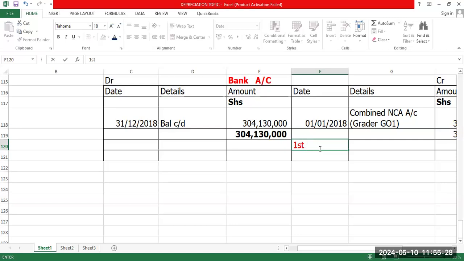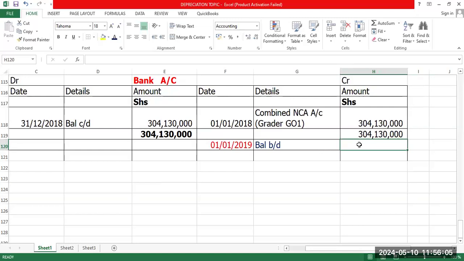It depends on the scenario you are handling. We all know that bank account is an asset account and must have a debit balance, but there is a situation where you find that you actually have a credit balance. You cannot force a debit balance when you're actually seeing a credit balance. So on 1st January 2019, the balance brought down is this figure.